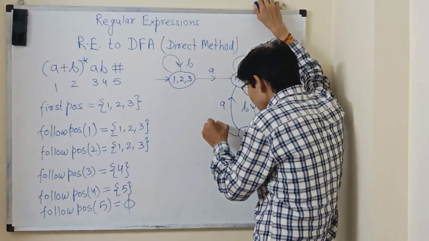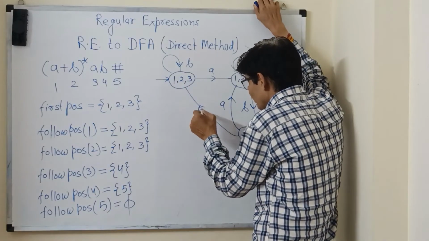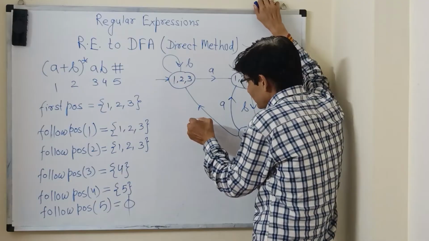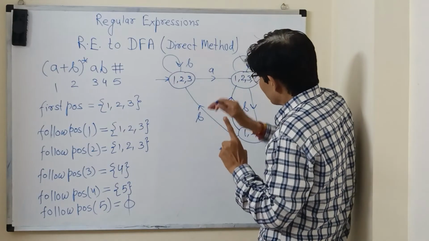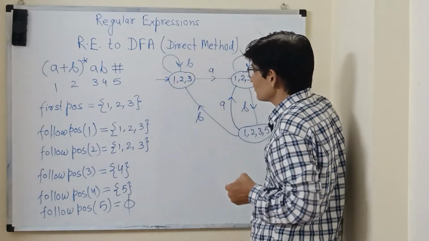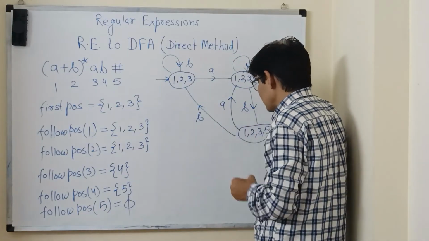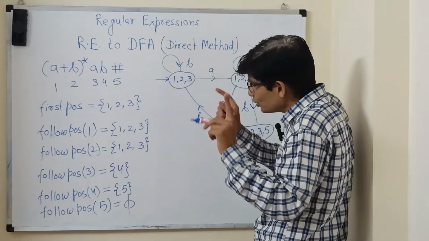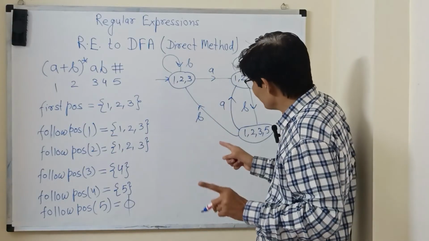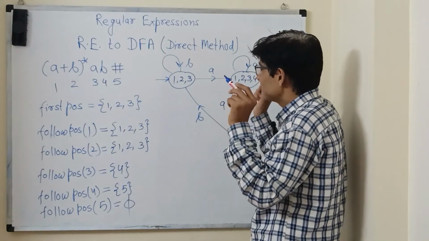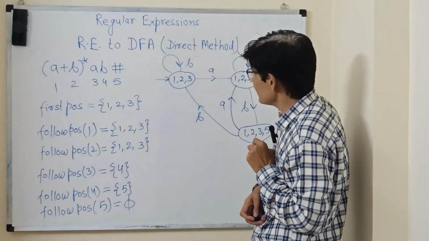So we will create one transition of B from this state to 1, 2, 3. Now we have considered both the transitions for this state. So now no new state we have got. That means we have completed the creation of the DFA.